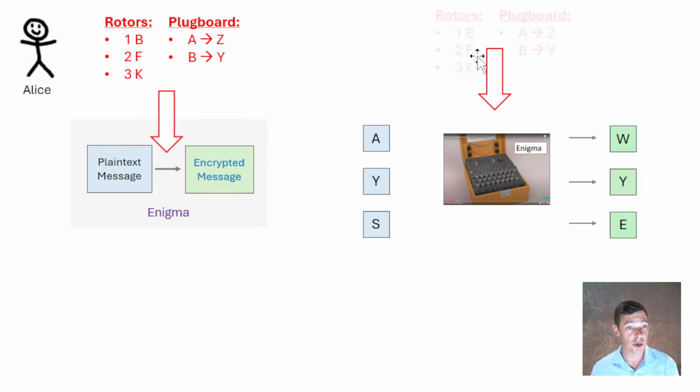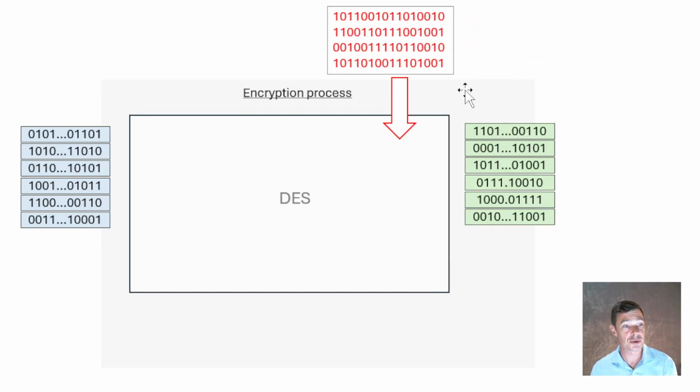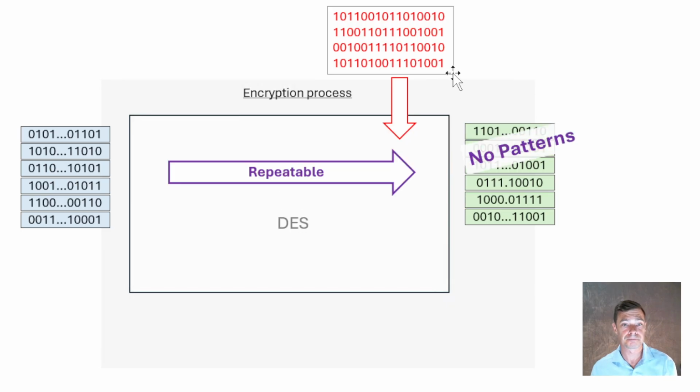But while doing so, the same inputs given the same secret every time will yield the same ciphertext. So the process is consistent. Given these two are the same, it will repeat the same every time. And the same is true for modern cryptography.